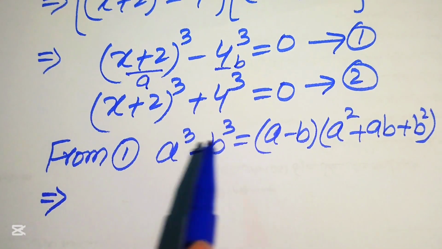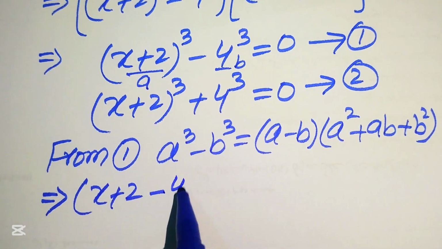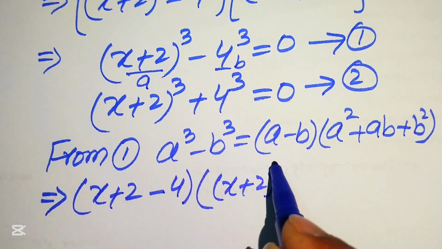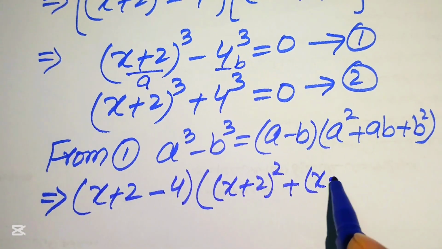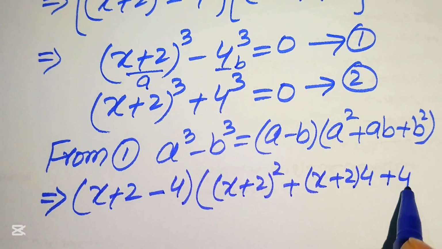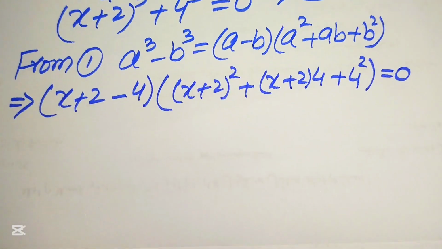So first we have a minus b, which is x plus 2 minus 4, times a squared, which is (x+2) squared, plus ab, which is (x+2) times 4, plus b squared, which is 4 squared, and this whole expression equals 0.